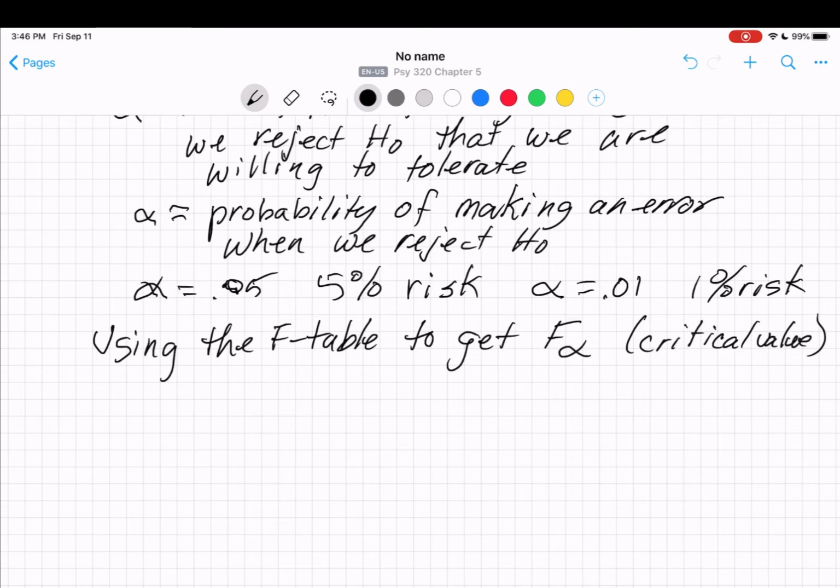And so to do this, you want to use the table in your book. So it's table A2, and it starts on page 530 in Appendix A of your book.